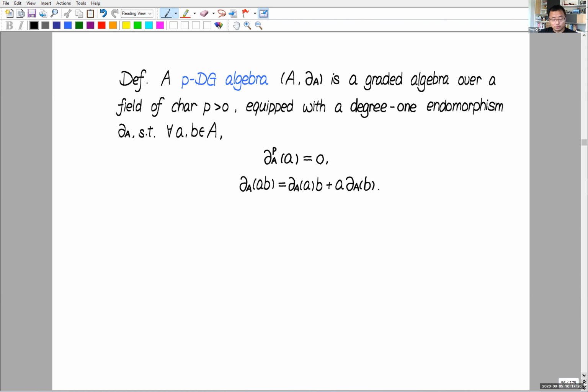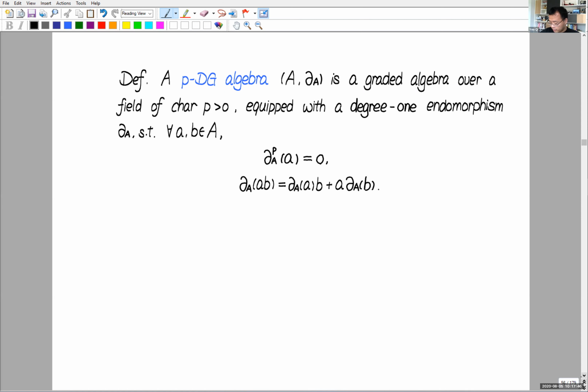So if you translate into this differential language, this means that the differential d_A acts as a derivation on this algebra. So d of ab equals d_A(a) times b plus a times d_A(b), which is the usual Leibniz rule.